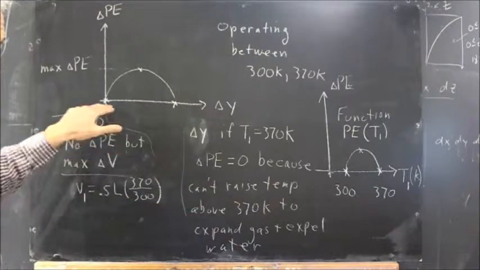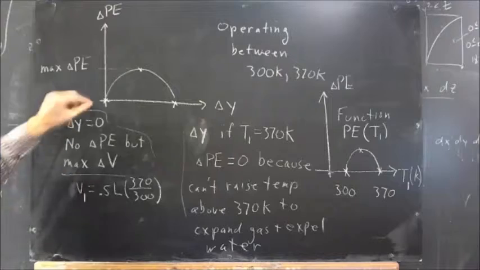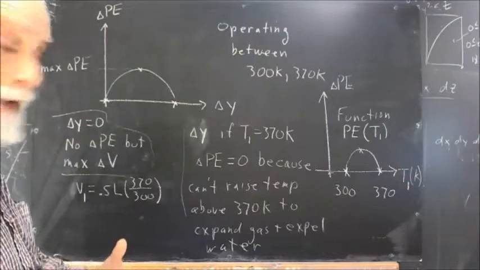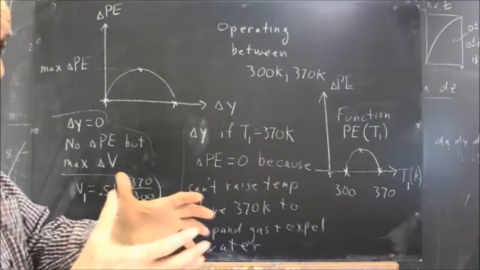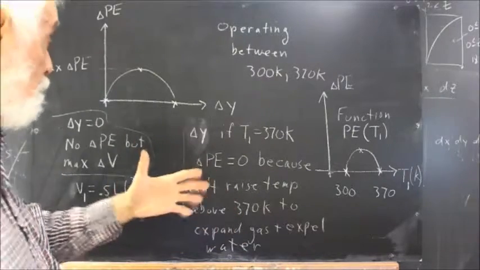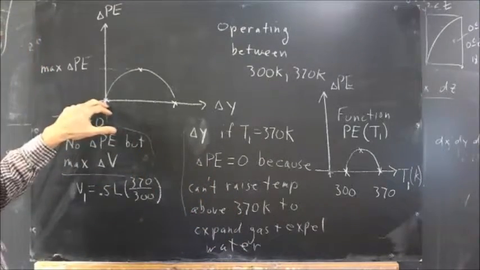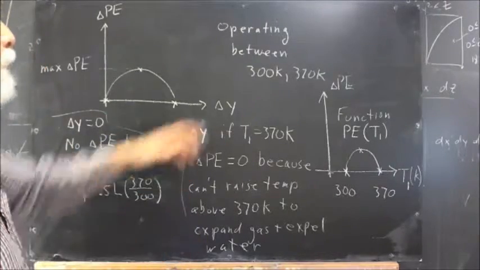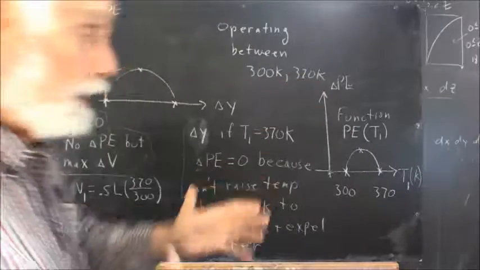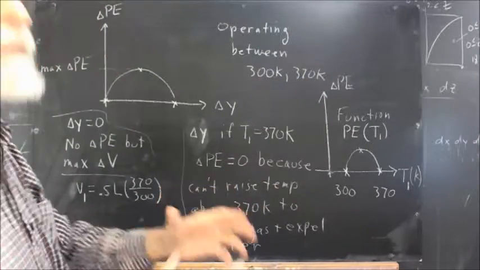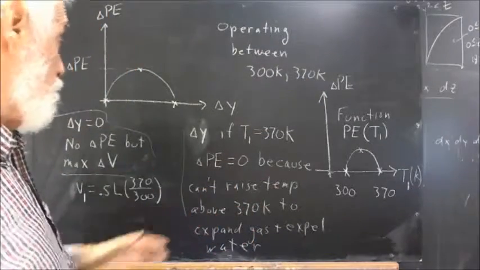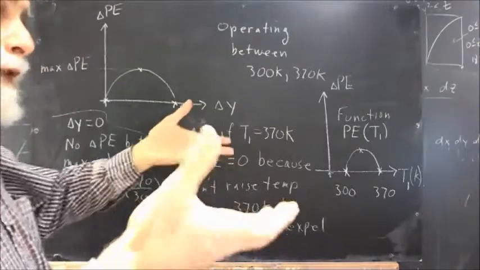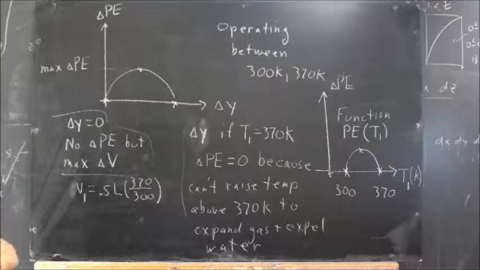The water ends up at the same height it started. So there's no potential energy increase, even though we have to put heat into the system. Now we're going to get maximum expansion of the gas if we don't raise the water, because we don't need to do anything to build the pressure. The whole 300 to 370 Kelvin temperature change will expand the gas at constant pressure, so we'll move a lot of water. But we're not going to be moving it up. There's no potential energy change.